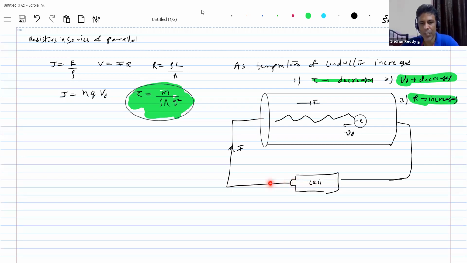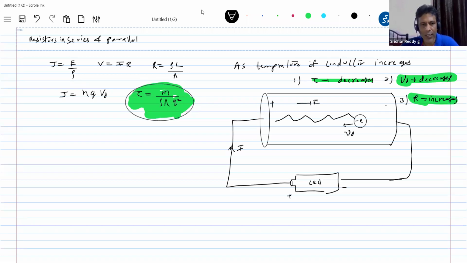With that energy, the positive charge will enter the conductor because of the applied potential difference. So it starts moving, and when it is moving, it encounters collisions like this. Once its kinetic energy becomes zero, it will be pulled by the negative terminal of the cell. So this was the overall sequence of what happens.